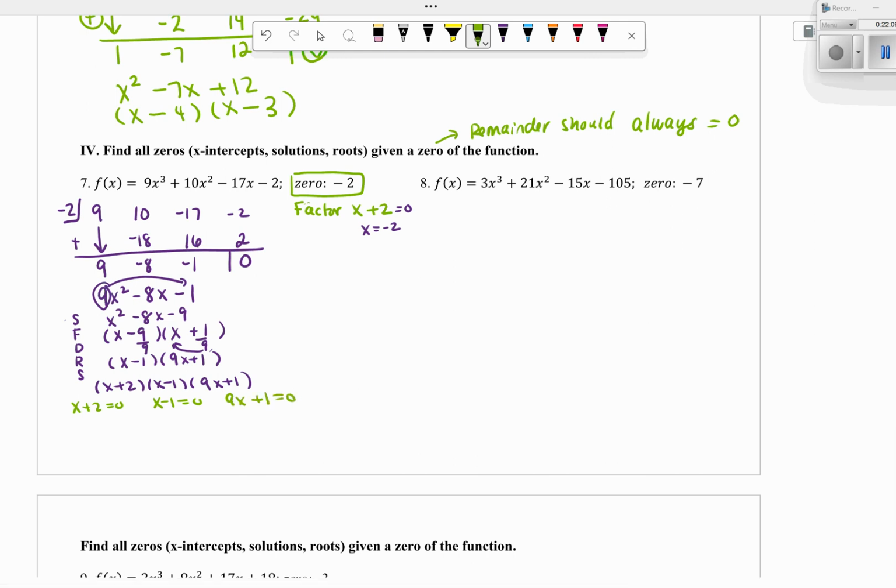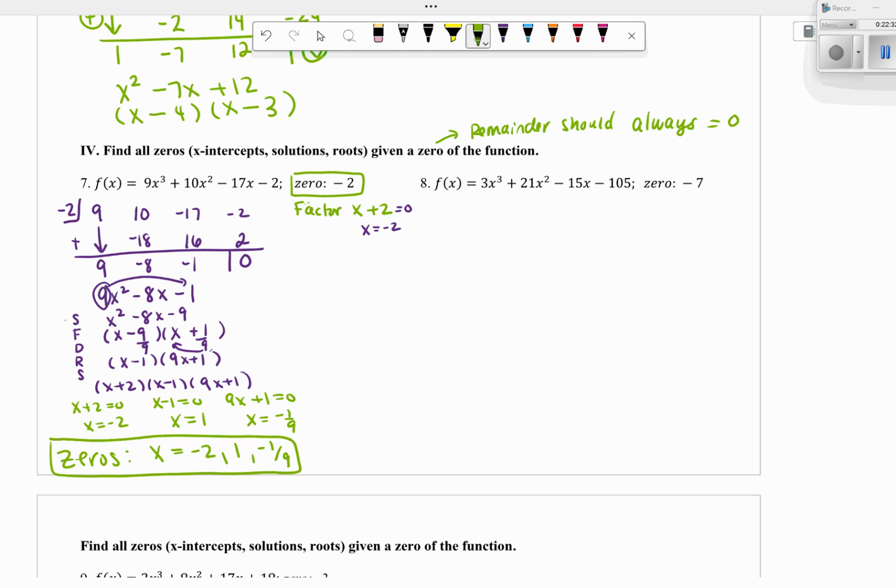So when I solve, we know the first one's -2, that was given. Then we get x equals 1, and for this one, x equals -1/9 when I subtract the 1 and divide by 9. So those are our zeros. You can write them together if you want. So -2, 1, and -1/9.